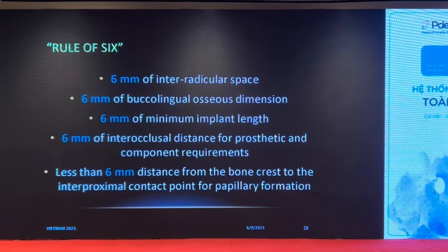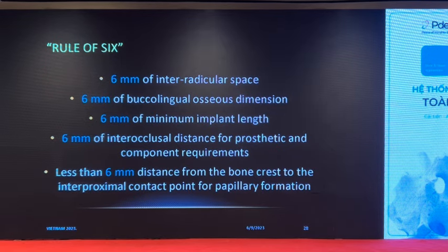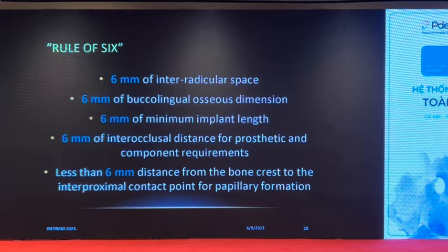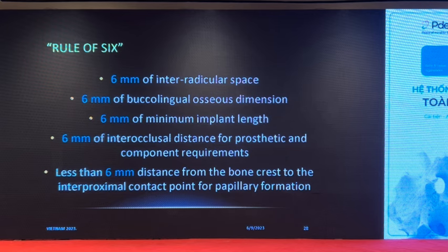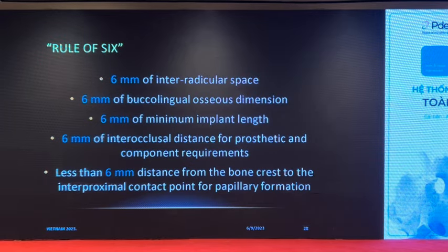We need to have 6 millimeters of interradicular space. We need 6 millimeters of buccolingual osseous dimension, 6 millimeters of minimum implant length, 6 millimeters of interocclusal distance for prosthetic and component requirements, and less than 6 millimeters distance from the bone crest to the interproximal contact point for papillary formation.